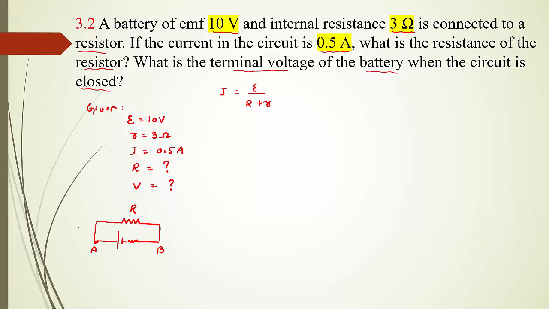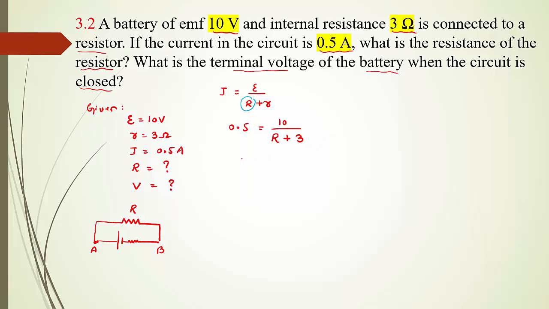So we have the equation I equal to E divided by R plus r. Substitute the values and we will get capital R, which indicates the resistance of the resistor. Easily we can find R using this equation. Now substitute the values. I is given as 0.5 ampere, equal to the EMF of the battery, 10 volt, divided by capital R, keep as it is, plus small r, internal resistance, given as 3 ohm.